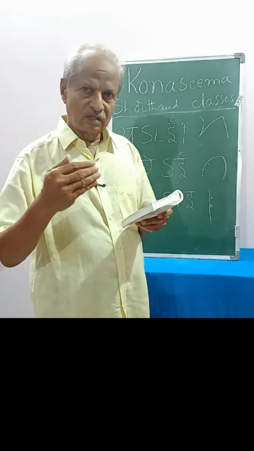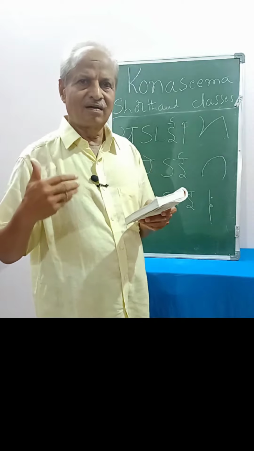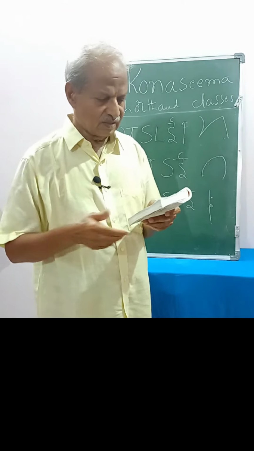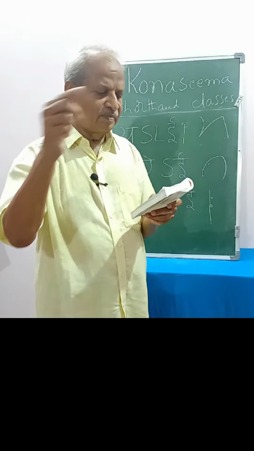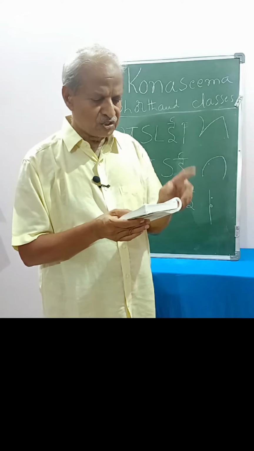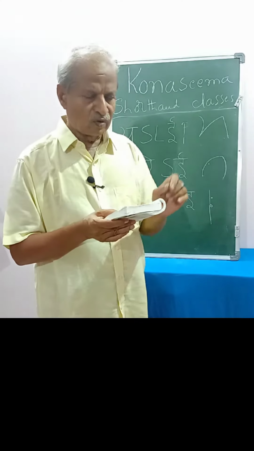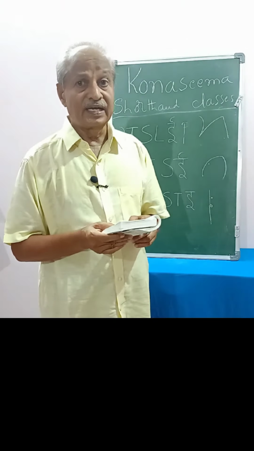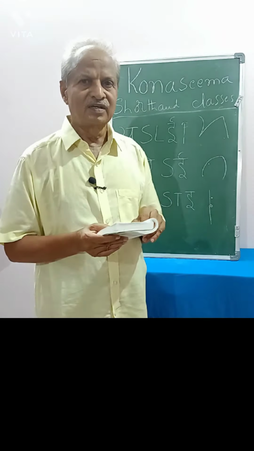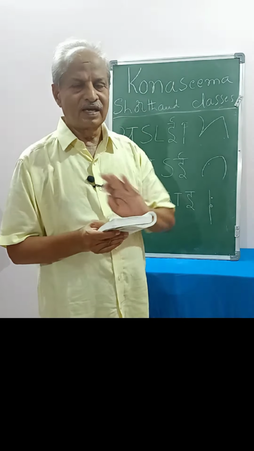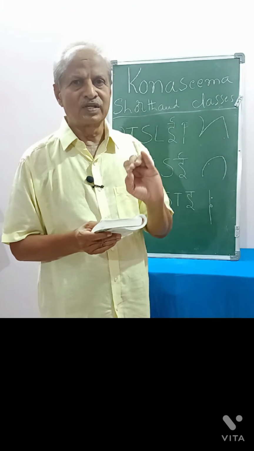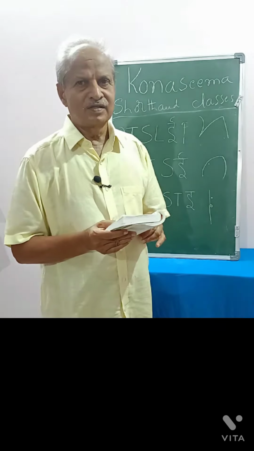Next, it will be seen from the foregoing. Foregoing means in the coming lessons or in the coming paras, that in very many words an initial or a final vowel may be implied by the outline of the word. By writing the outline of the word itself, the vowel sign is implied and there is no necessity of putting the vowel sign.